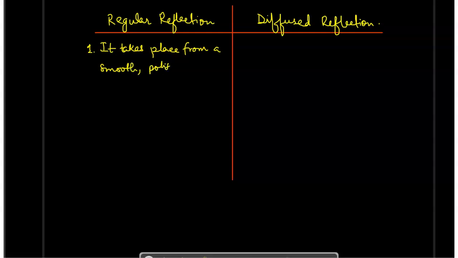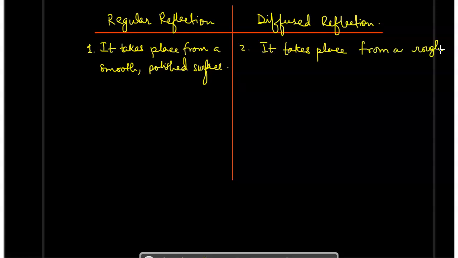Whereas diffused reflection takes place from a rough surface. This should be our first point of difference.